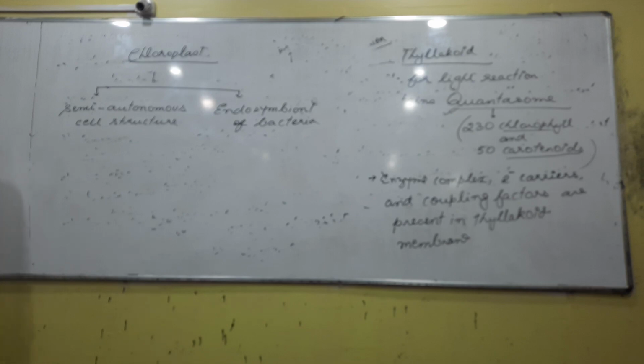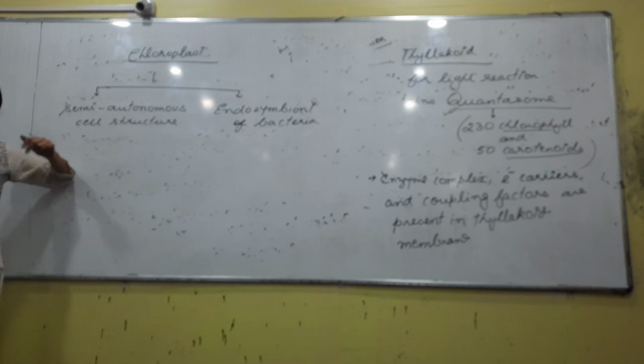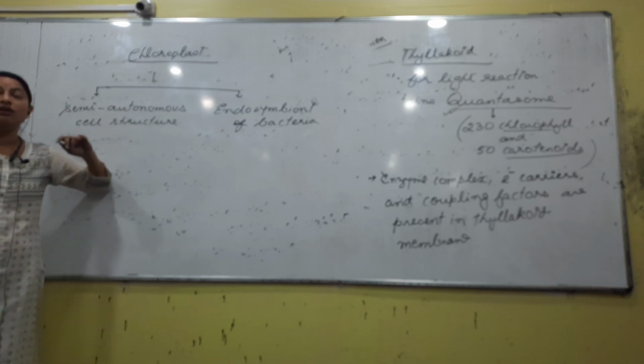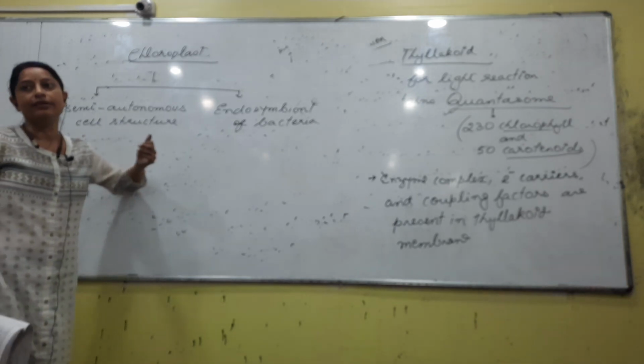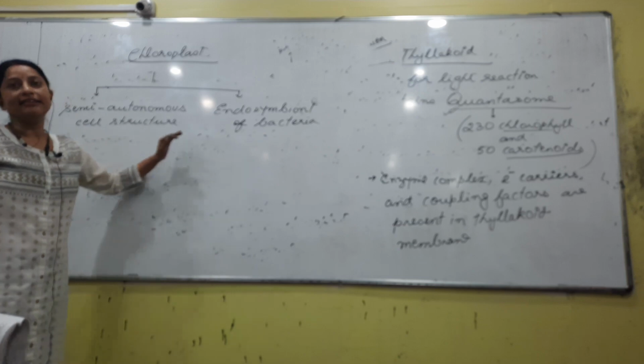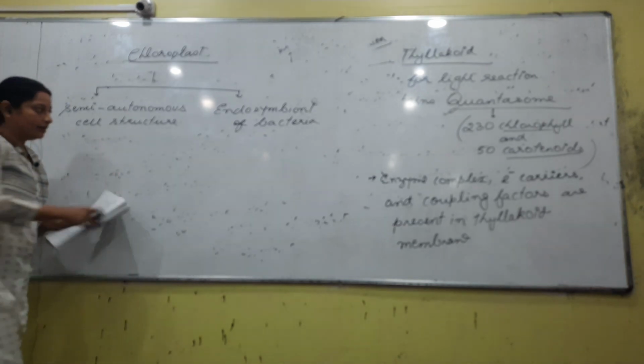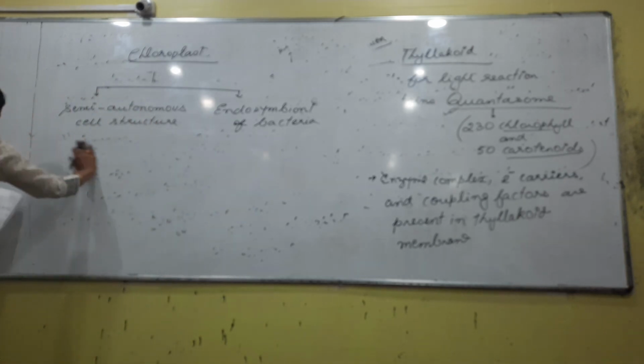Exactly the same thing we have explained during mitochondria, so I am not writing the explanation again. It is exactly the same in this case also, right? So semi-autonomous, because they are independent, but still they are dependent. Dependent on what? Dependent on the cytoplasm, dependent on the nucleus. Next is endosymbiont of bacteria, because it's thought that they have their origin from bacteria, or they have evolved from bacteria. I can explain it later.